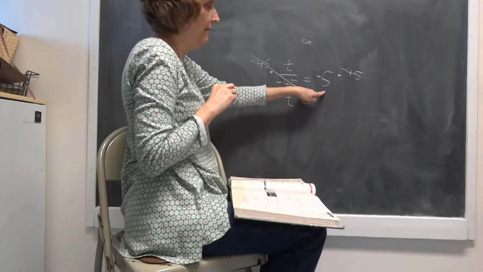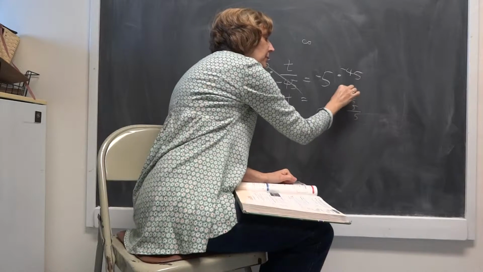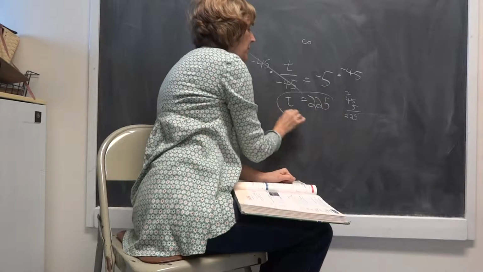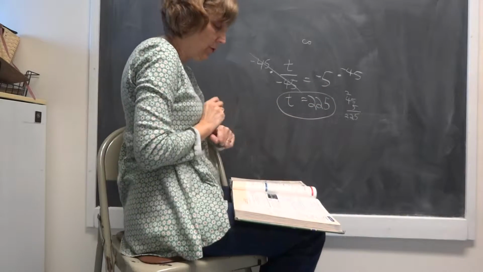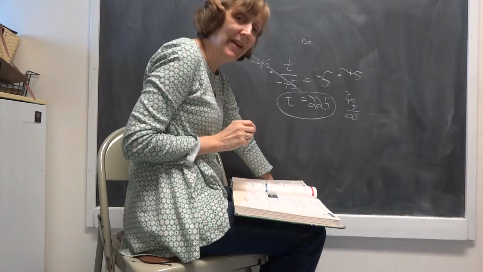Now we multiply 5 times 45, and that's going to be 225. So T is $225.